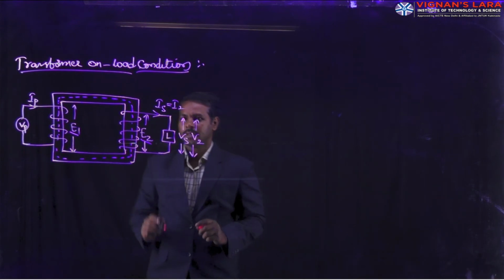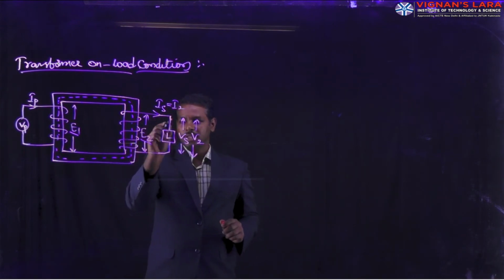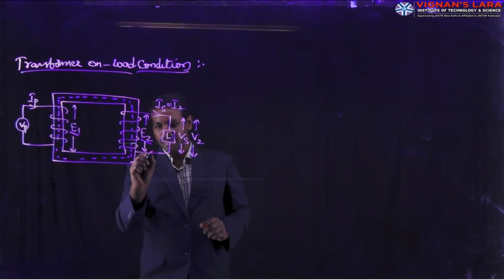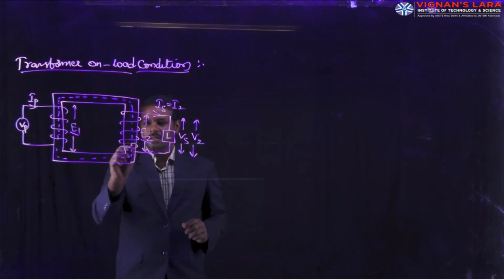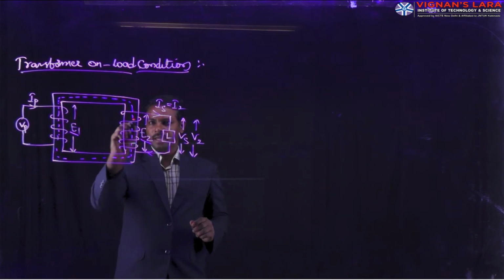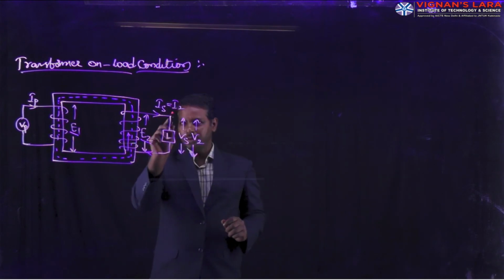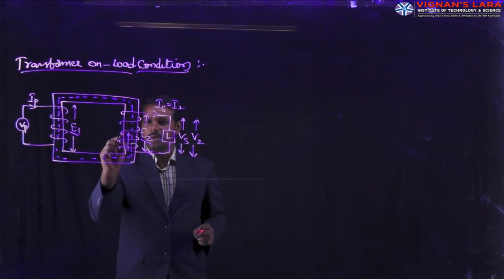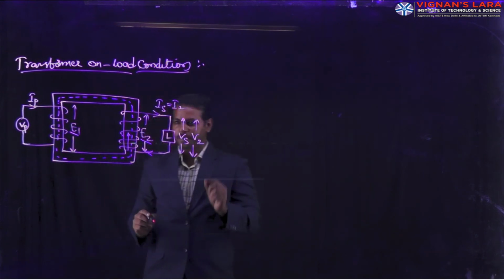Whenever the load current passes through this path, that is the return path. So these currents are always circulating in this direction, that means the upward direction. The I2 current, or load current, circulates through the secondary winding and generates a flux.